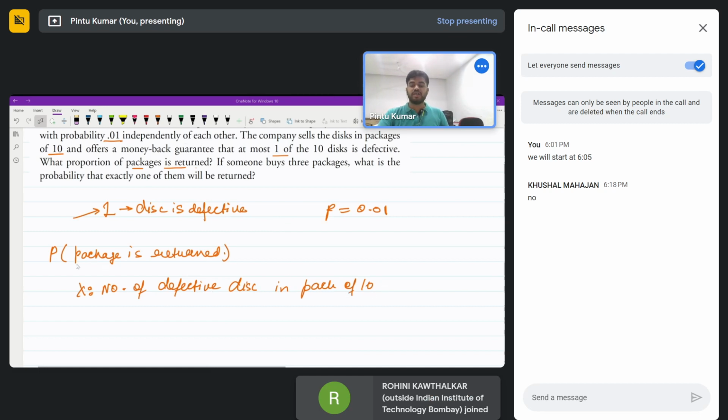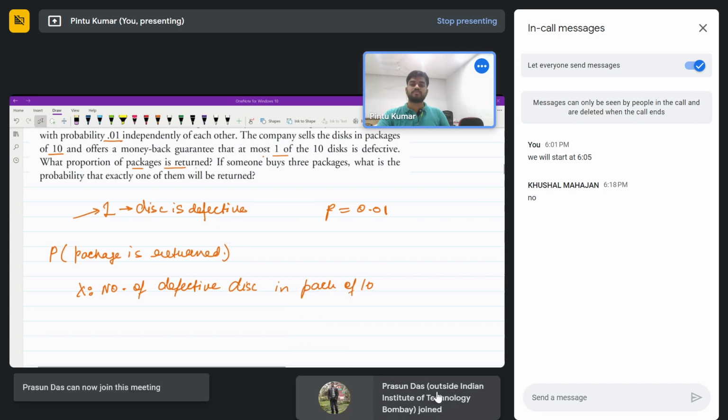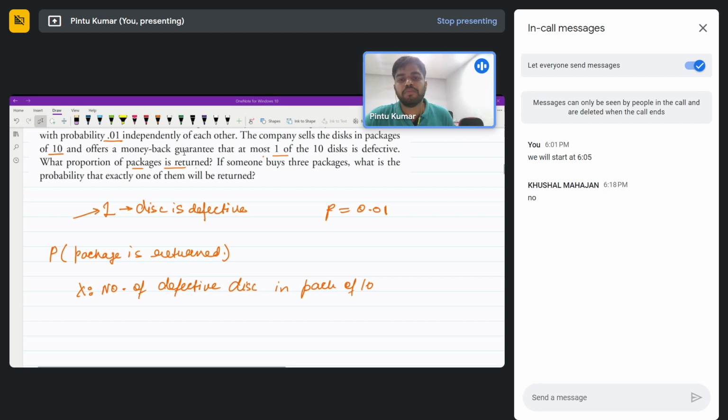Then the package is returned if... So the company offers you a money back guarantee that at most one of the disks is defective.